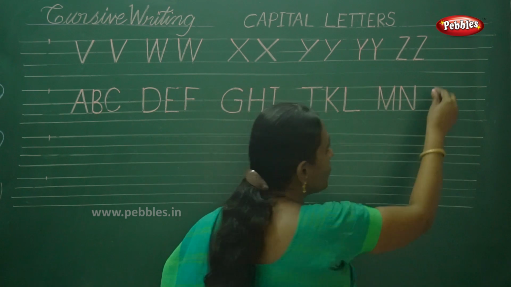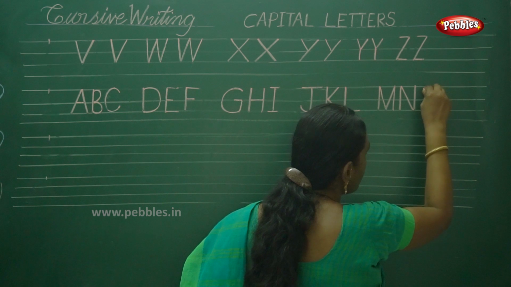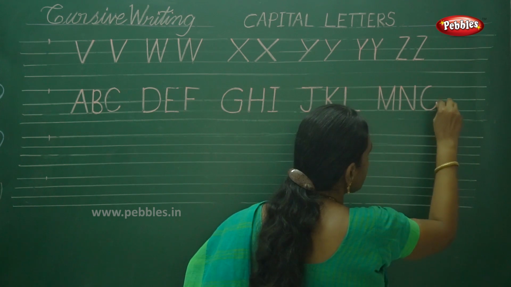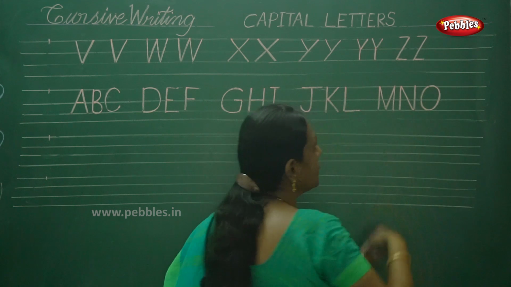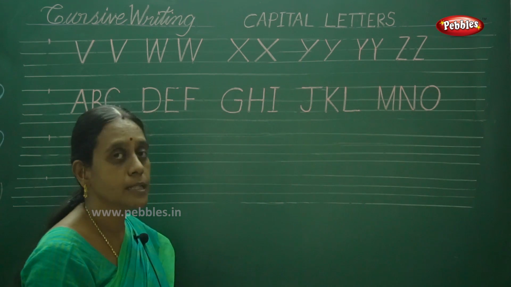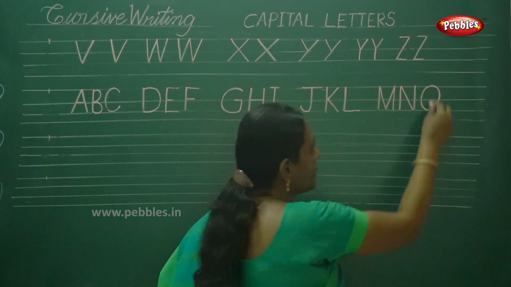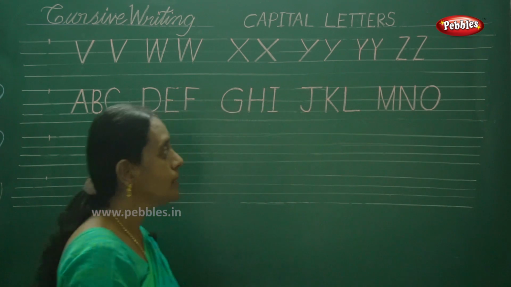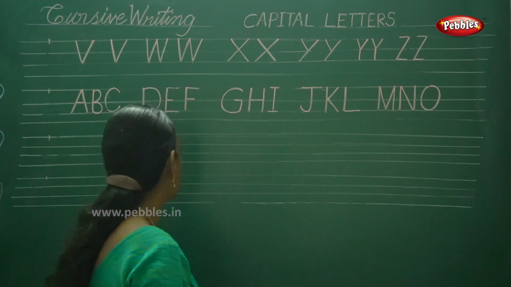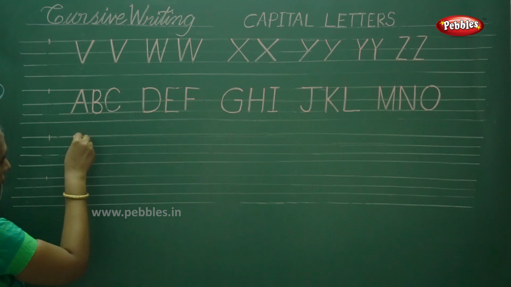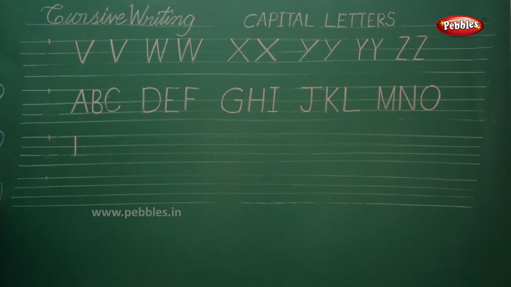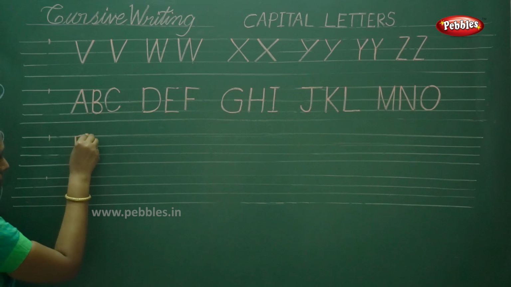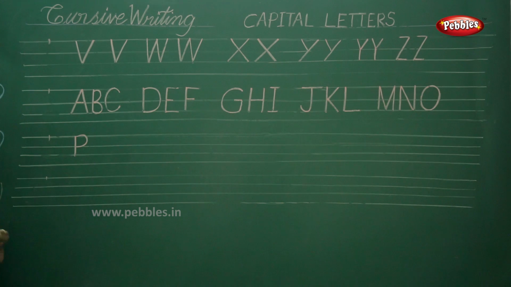M, N, and O. Where you start the point, that is exactly the ending point of your alphabet. That is the correct way of O. Starting here, you must end only at the starting point. M, N, O. Okay, then P: a straight line and a small right curve.